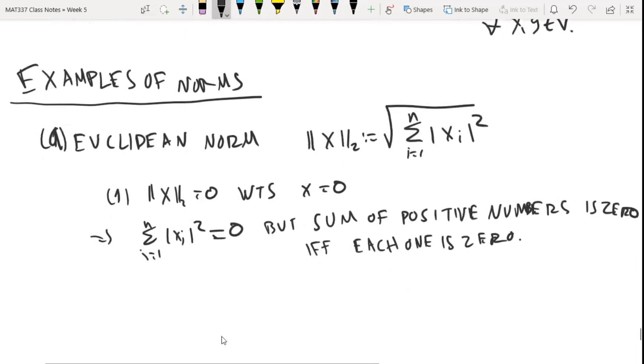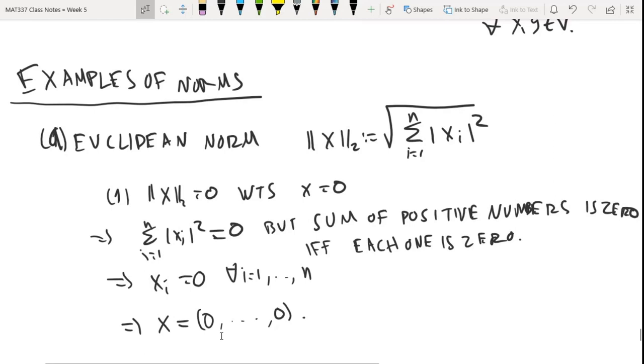So x_i is 0 for all i, 1 to n. And so x is just the 0 element. Okay.